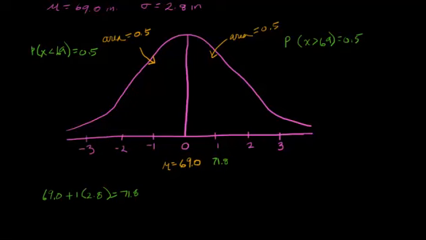Then 69.0 plus 2 standard deviations above the mean: 2 times 2.8 plus 69 is 74.6. So at 2, I'm at 74.6 inches. And then finally, 3 standard deviations above the mean: 3 times 2.8 plus 69 is 80.2.